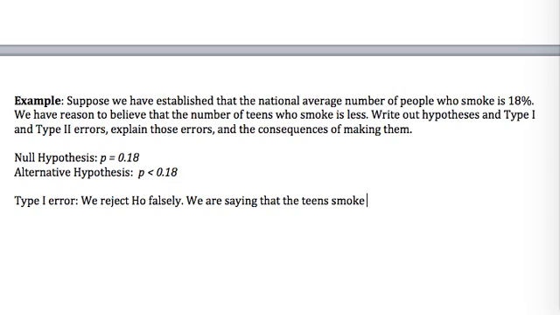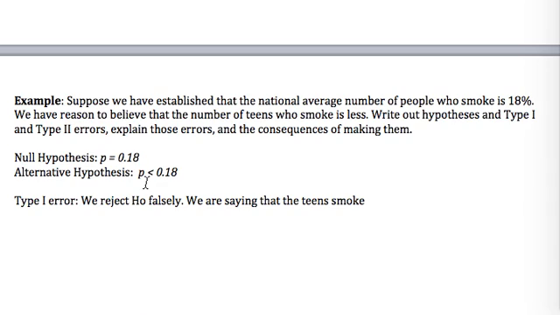Is it two tails? If we reject it, then we're going to say we have evidence that the teens smoke less than, right? Because we suspected less than, not more than, Logan. Yeah? Now, it's of course possible that teens smoke more than, but we have evidence.